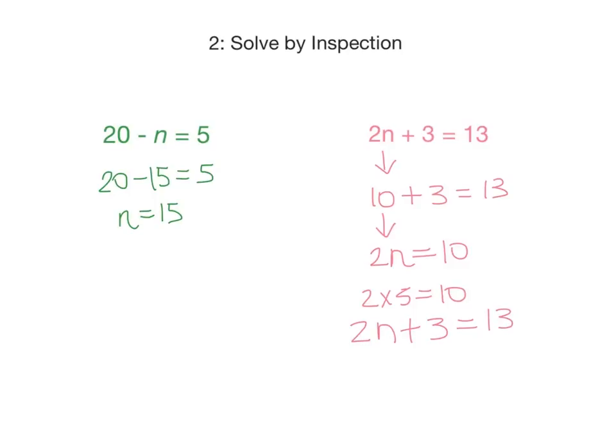Now, if we substitute the 5 for the n, so 2 times 5 plus 3 equals 13, and we solve, so 2 times 5 is 10, plus 3 equals 13, we can see that in fact the 5 substituted for the n makes this equation true. So lastly, we need to write n equals 5.